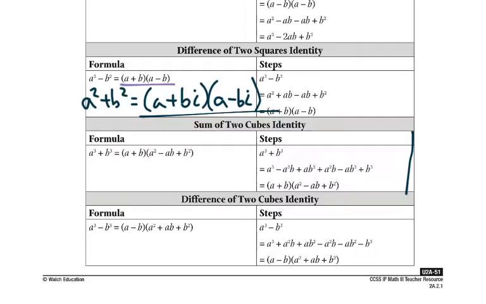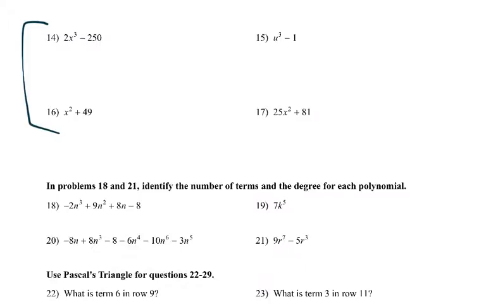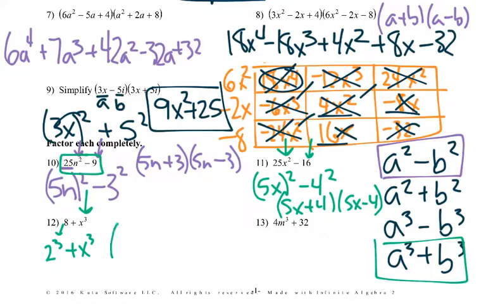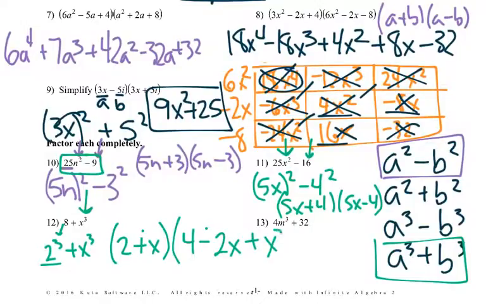Now for the cubes we have a different pattern, right? We have a plus b, then a squared minus ab plus b squared. So I'd go 2 plus x times a squared, so 2 squared would be 4, minus, we do the opposite here, 2x, a times b, plus x squared, which would be x squared, like that. And that's my answer for that one.